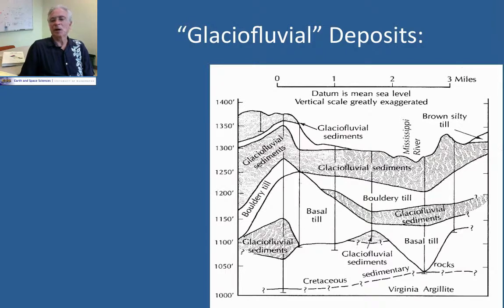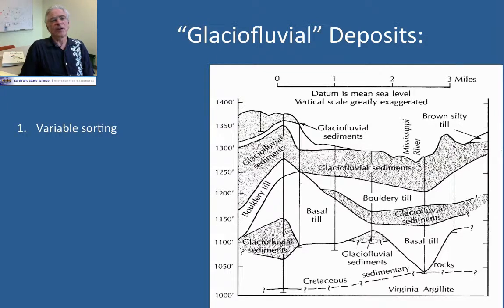You have till deposits, you have basal tills and bouldery tills and fluvial deposits, and they're all mixed up in a complicated fashion with erosional features and then later deposition on top of those erosional features as further ice ages occurred and new rounds of both erosion and deposition occurred.